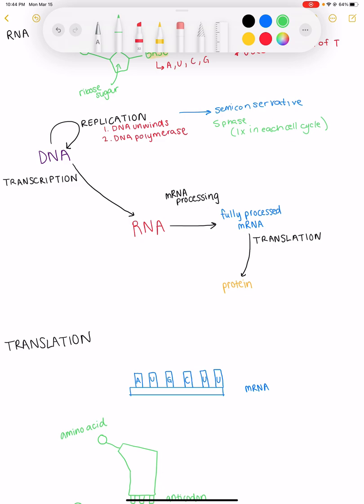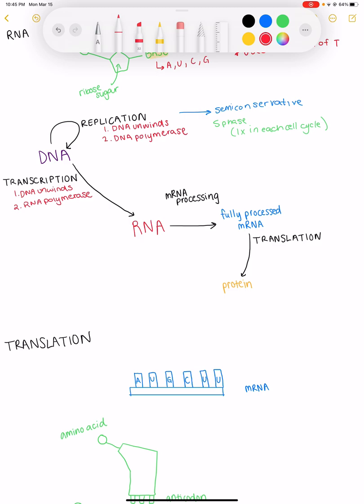So transcription is very similar to DNA replication. The first step being that DNA needs to unwind. And then the second step involves a different enzyme. So in transcription, we use RNA polymerase to add nucleotides to create a complementary RNA strand to whatever DNA is being read.